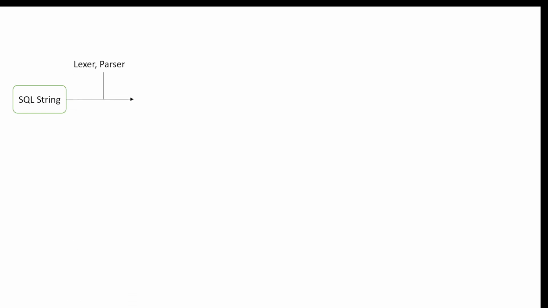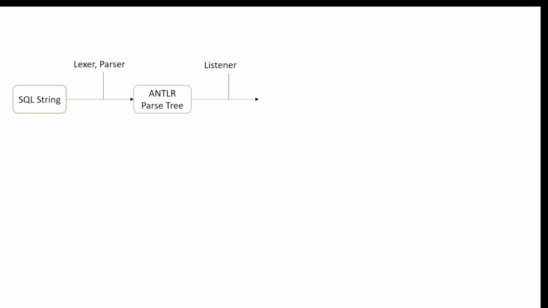Then Spark uses lexers and parsers to create an ANTLR parse tree, which, as I mentioned, creates a logical plan of the SQL that has been received. This ANTLR parse tree has a listener class, which has two methods, enter and exit.